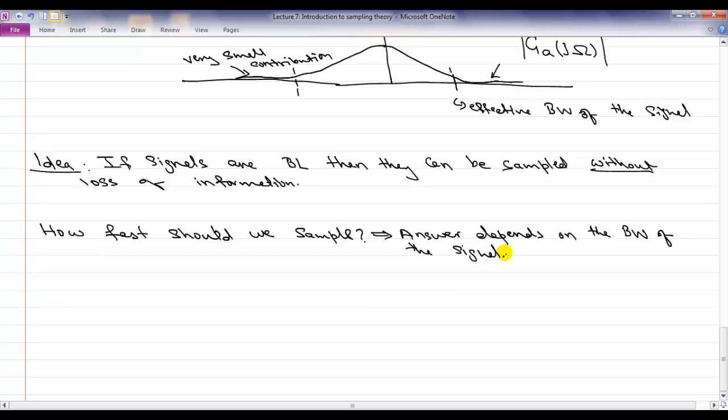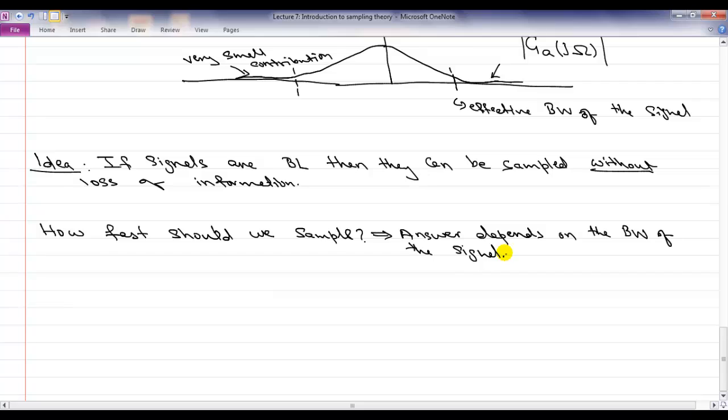You can ask yourself heuristically, what happens if a signal has higher frequencies present in it, which means its bandwidth is high? Do we need to sample them more often or less often? If a signal has higher bandwidth, then that means they have high frequencies, which means they are fluctuating faster.